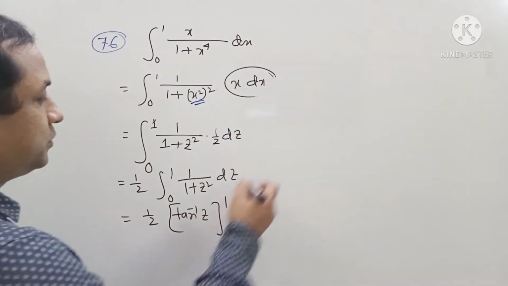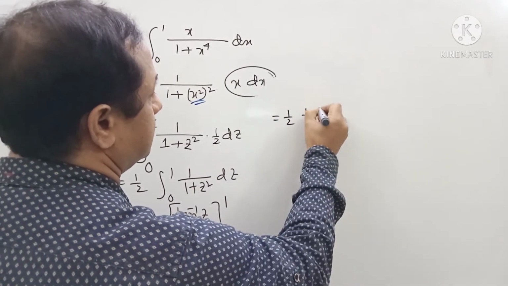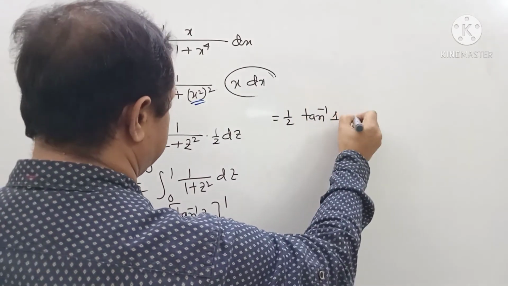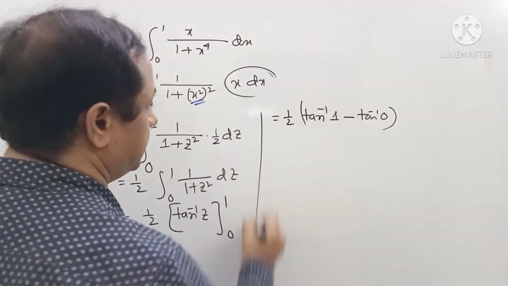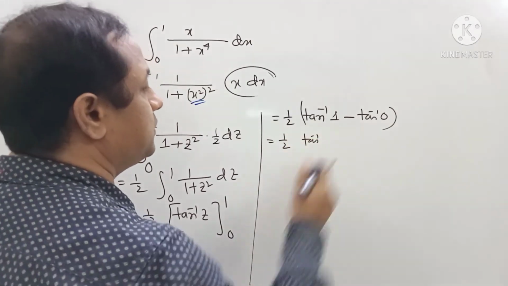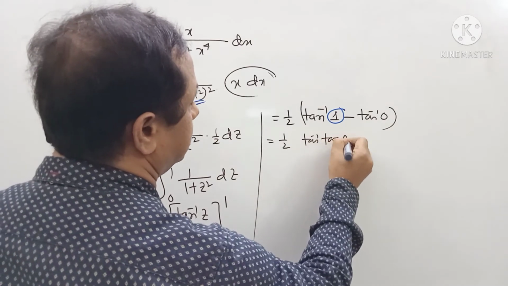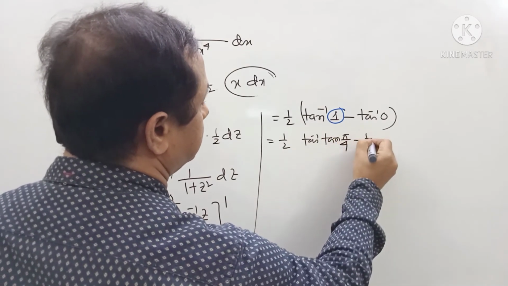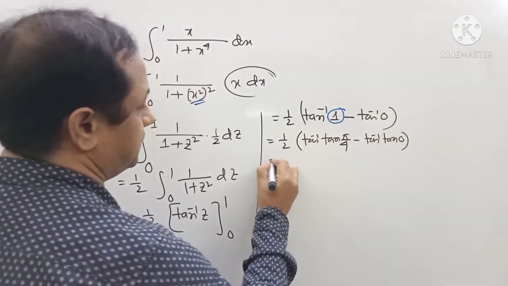Then for the limits, bring in the upper limit, which is 1, and tan inverse 0. Now we have half into tan inverse 1 minus tan inverse 0. We know that 1 equals tan pi by 4, and we know that tan 0 equals 0.